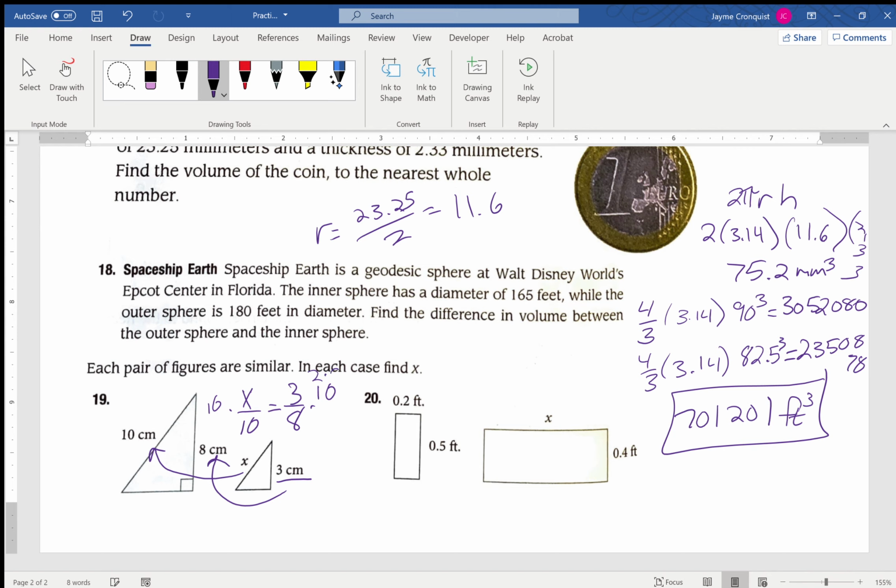This is 2 times 5, this is 2 times 4, so I can get rid of the 2s. I end up with 5/4 is x. So that's 1.25 centimeters.